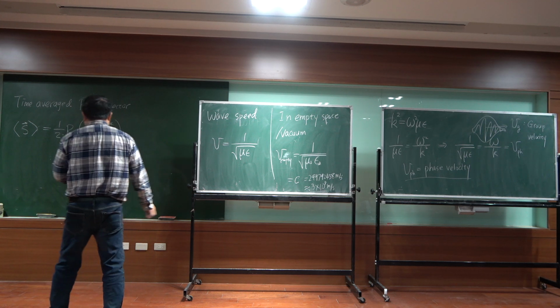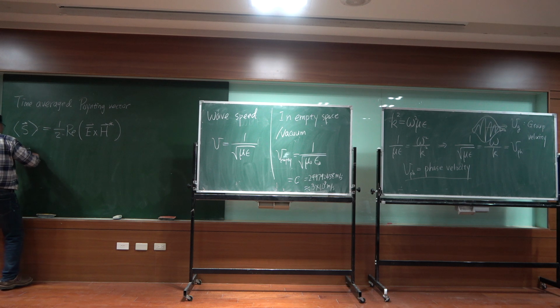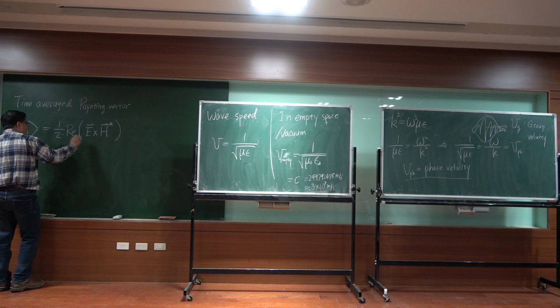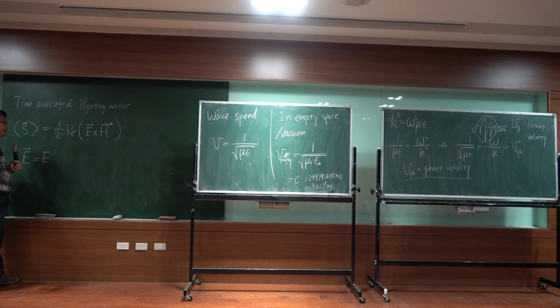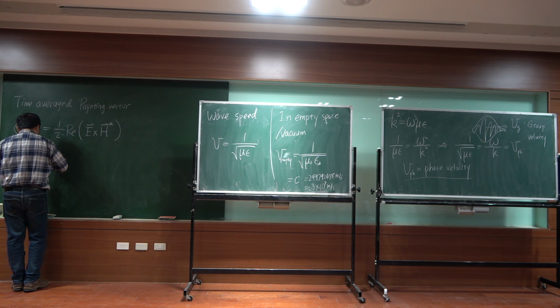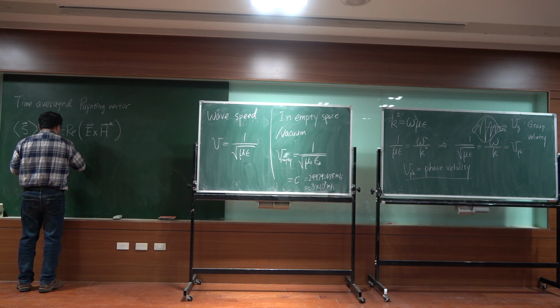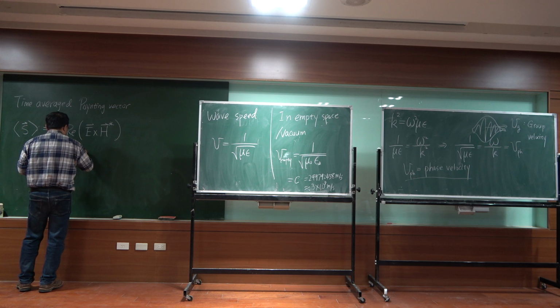Here E and H are the complex representation of the electric and magnetic field. Now E is E0 times exponential i(omega t minus k dot r).